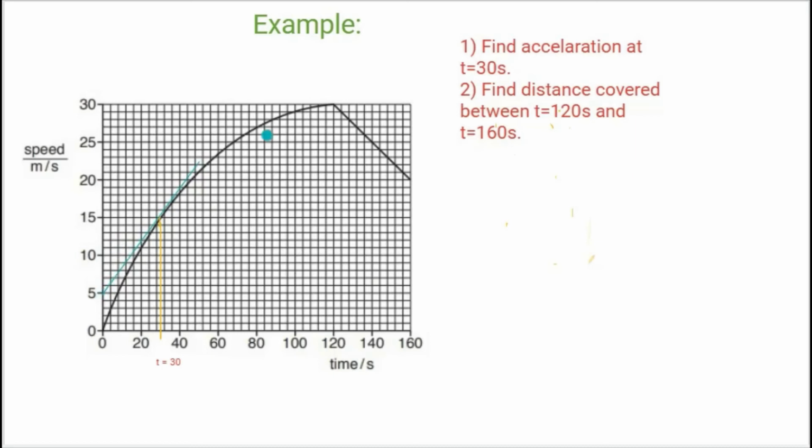Okay, so done. We already have 1 point, x is 30 and y is 15. Remember, when you're finding the gradient of a curve, maths says y2 minus y1 over x2 minus x1 of the tangent. Basically finding the gradient of the tangent. So when you have that 30 and 15, we can see that when t is 0, y is 5, so we'll use those 2 points.